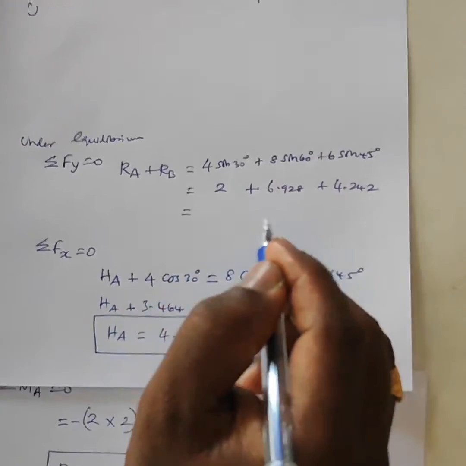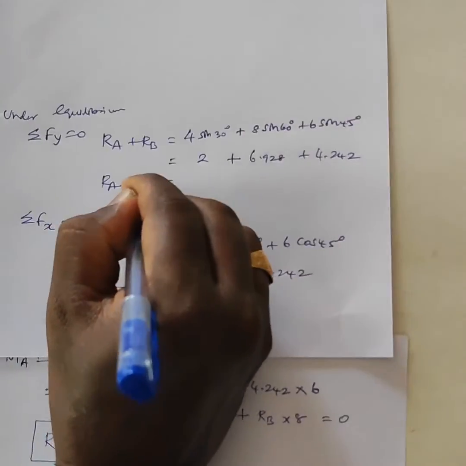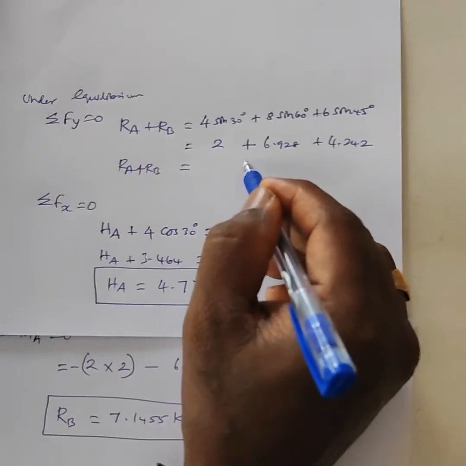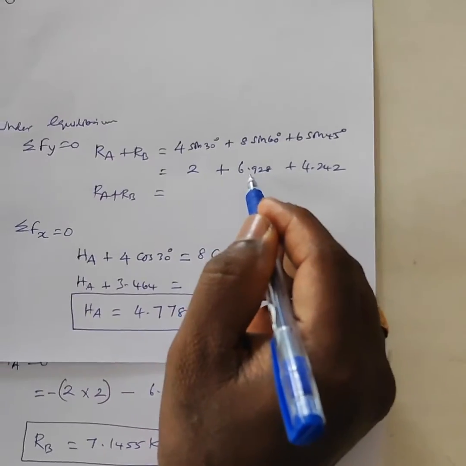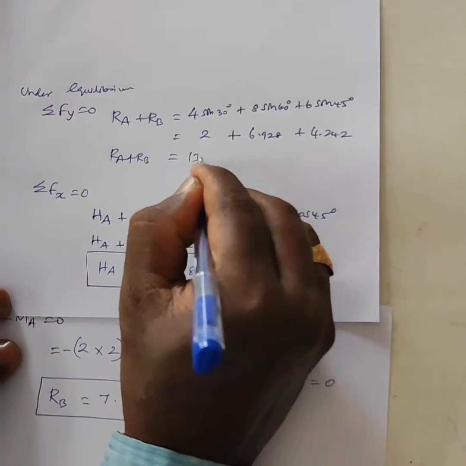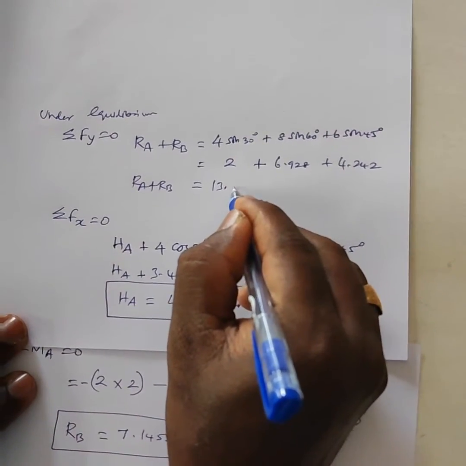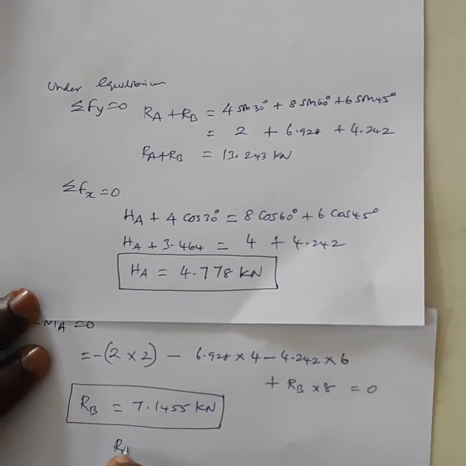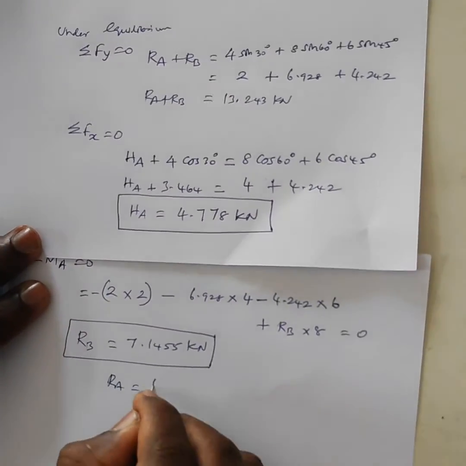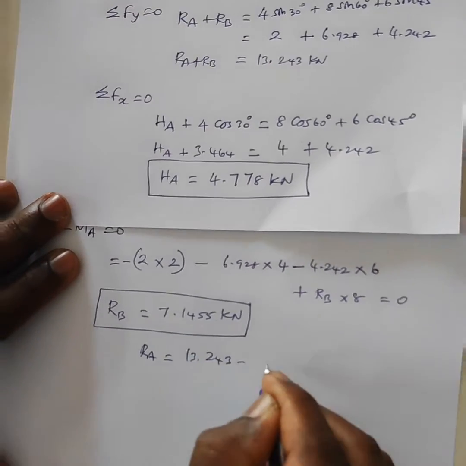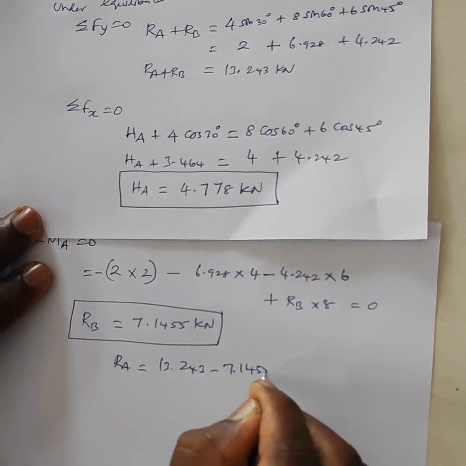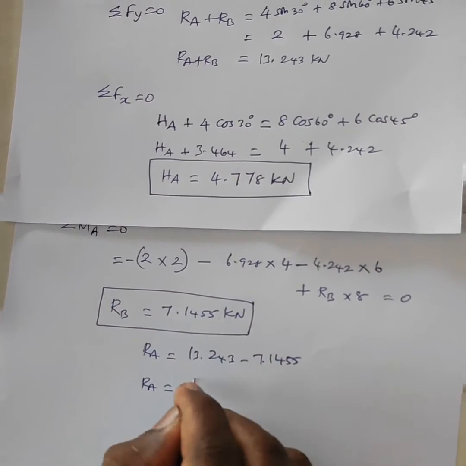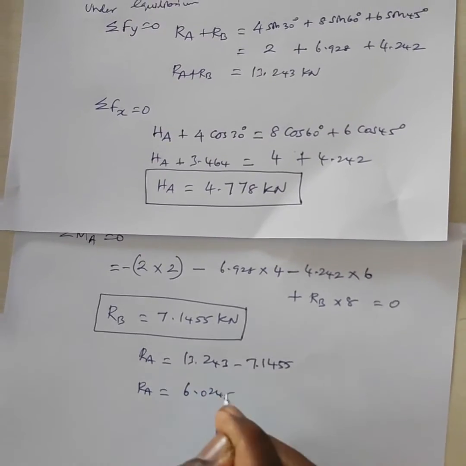By simplifying this we get RA plus RB is equal to 2 plus 6.928 plus 4.242, that is 13.242 or so. From this you subtract: RA is equal to 13.243 minus 7.145. So what is the value of RA we are getting? RA is equal to 6.0245 kilonewton.